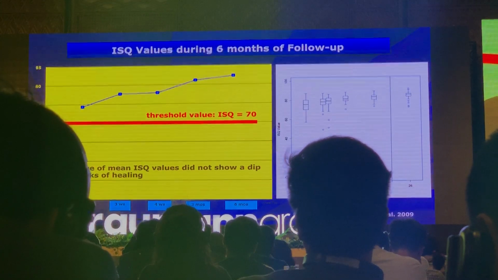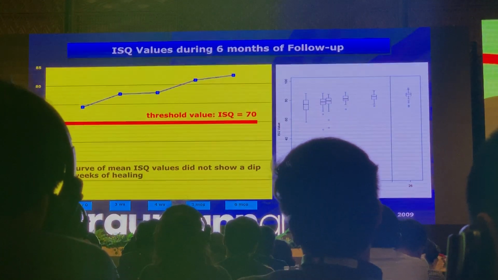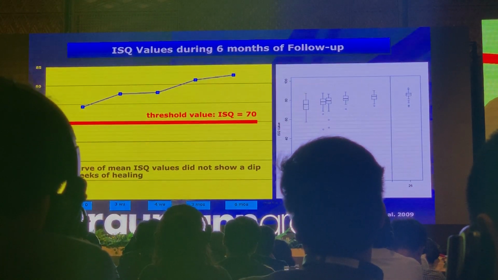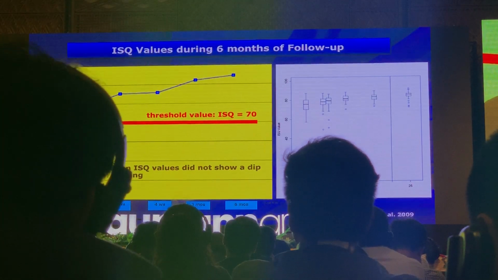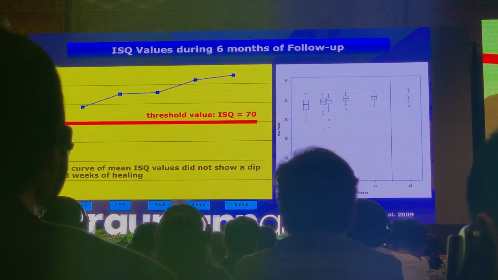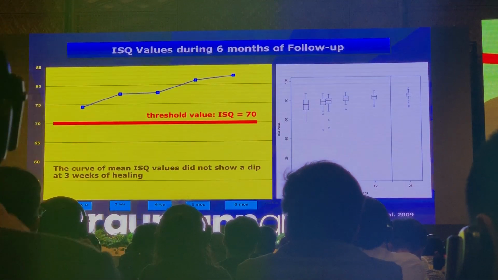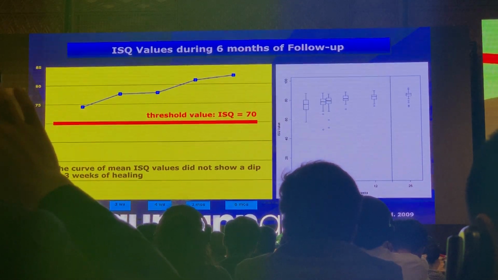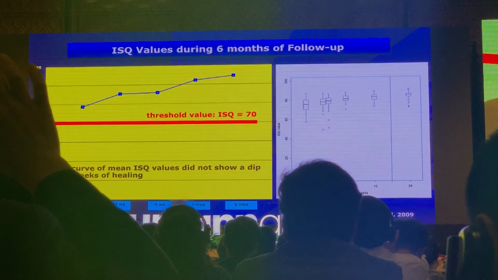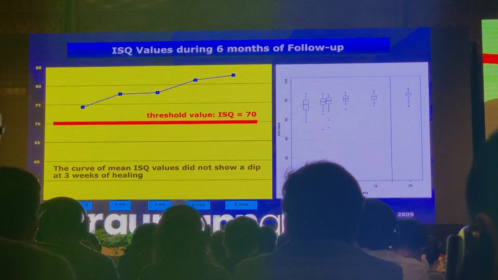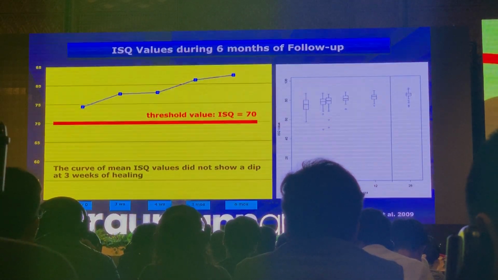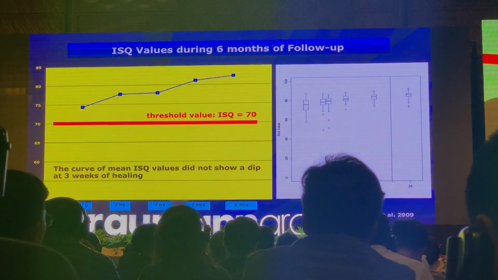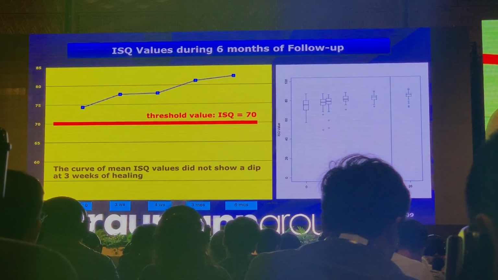That's not a universal threshold. Other people say 65 is enough, others say they want more, 75, I don't know. We are using 70. So when we want to give a green light to restore an implant, we take an ISQ. If it's not 70, we wait. But that's only for this type of implant.